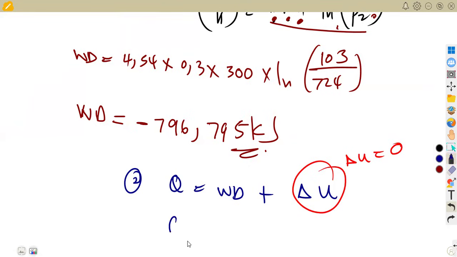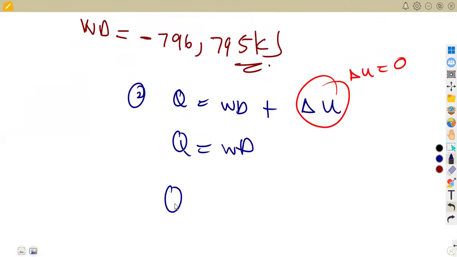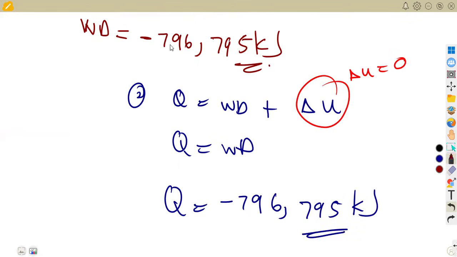And we concluded that Q is equal to work done under an isothermal. So there was nothing for you to calculate. You were just writing the answer, negative 796,795 kilojoules.